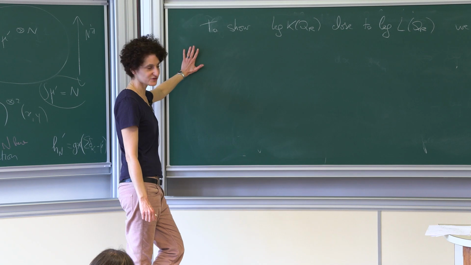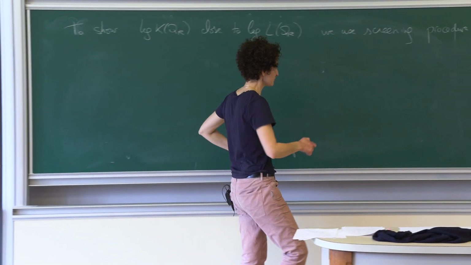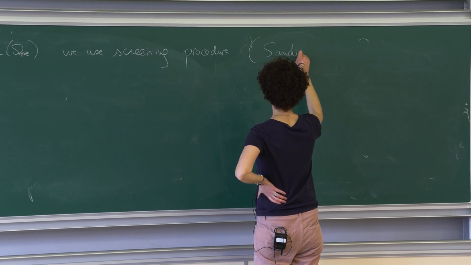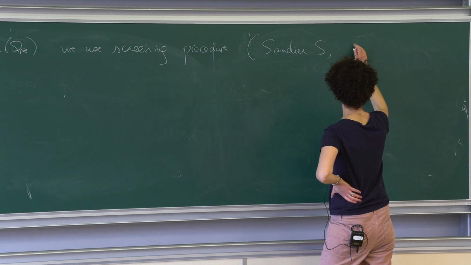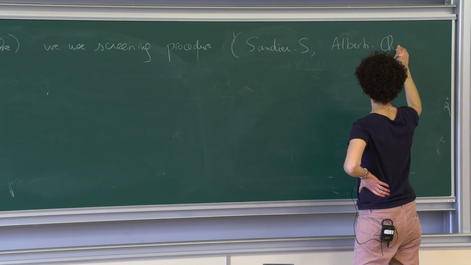Okay, so the screening procedure, it's something that we had originally introduced in a work with Étienne Sandier on Ginzburg-Landau, and itself had some roots in ideas of Alberti, Choksi, and Otto.